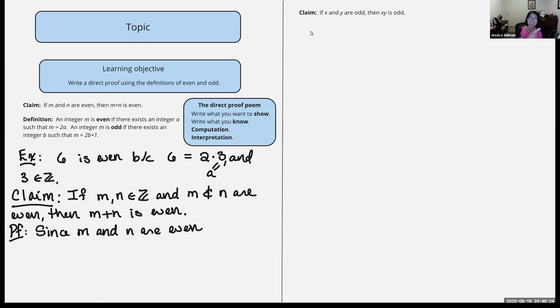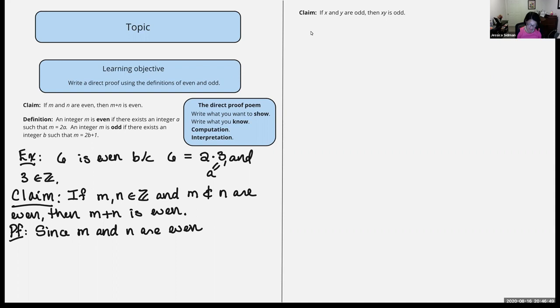I can use this definition, okay? I know that there exists some integer such that M is equal to 2 times that integer. And there exists a different integer so that N is equal to 2 times that integer. And I have to use different letters for those 2 integers because they might not be the same thing.